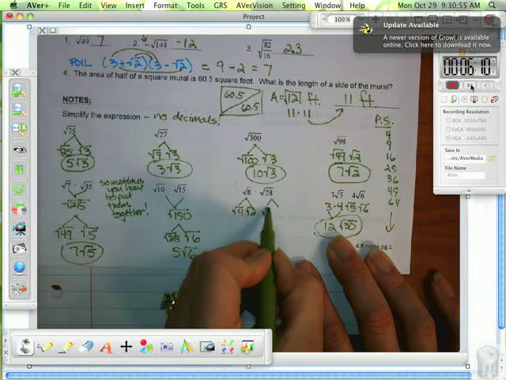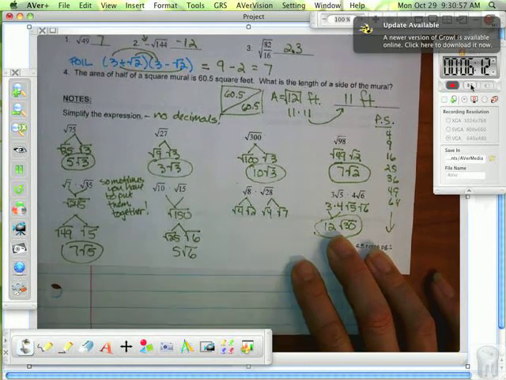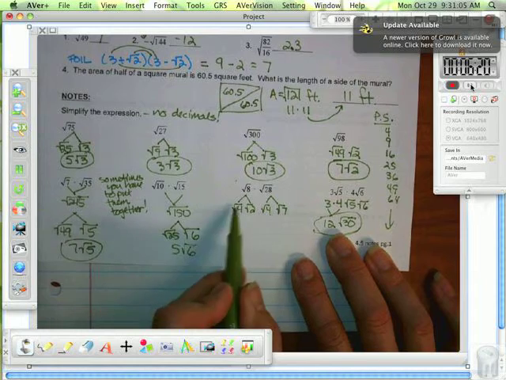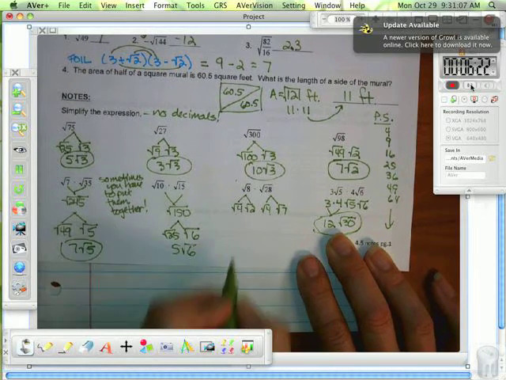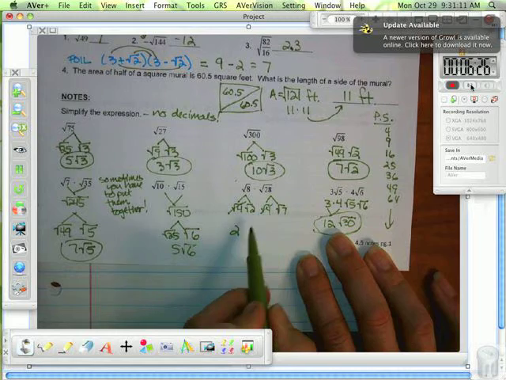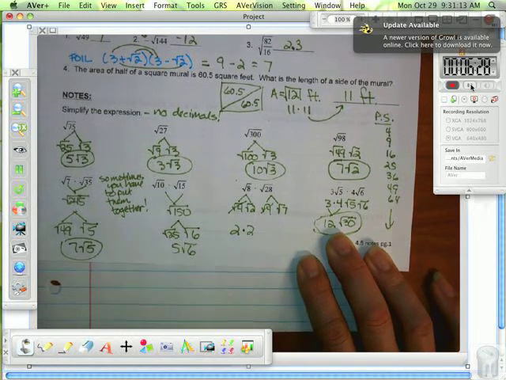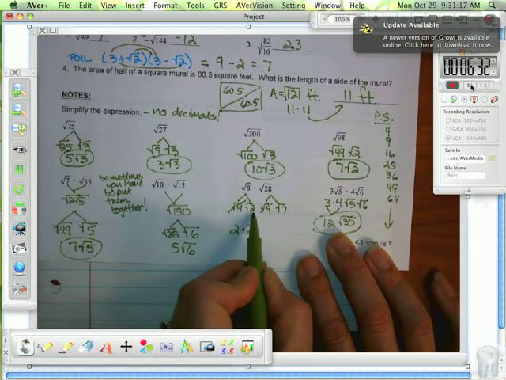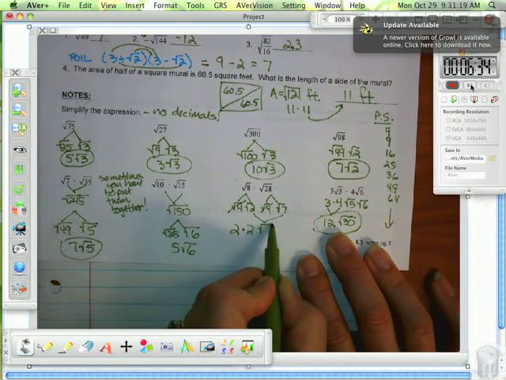So instead of multiplying them together, I saw that I could do this. Doesn't matter which way you go. What's the square root of 4? 2. What's the square root of 4? 2. And it's all multiply. And then I can put these two together under 1. And I get 4 times the square root of 14.